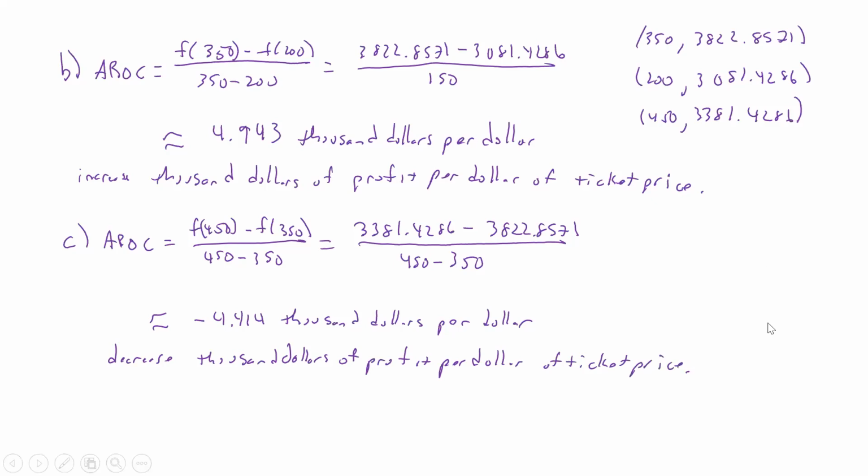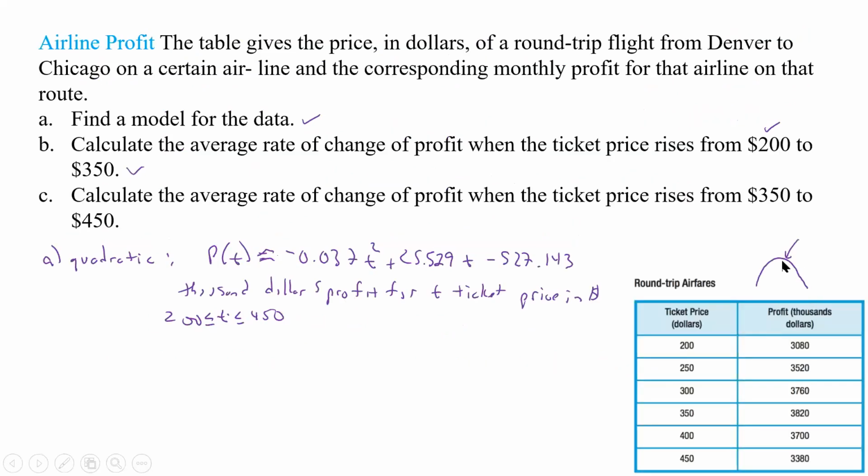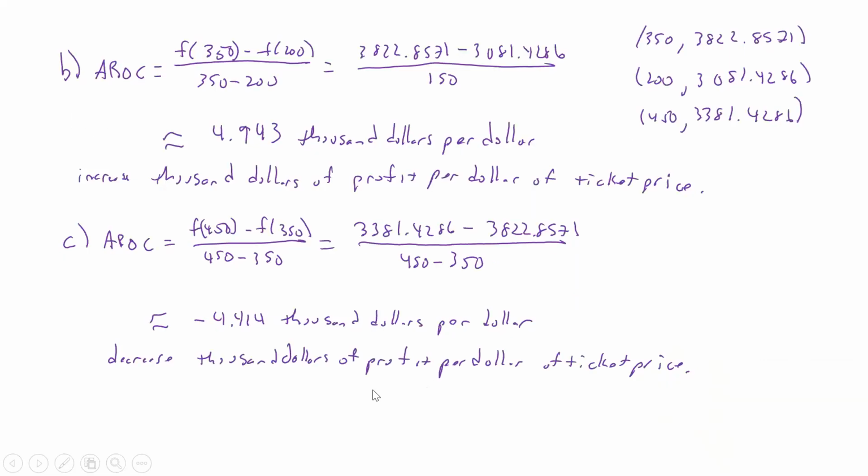And that makes sense because we're over here on this downside now. And so we're losing our profit as we go. We start here and then we go down here, the profits decreased. And so we're losing on that end down here as our ticket prices are going up. So that does make sense. Okay. All right. Let's pause there and we'll come back for the next one.